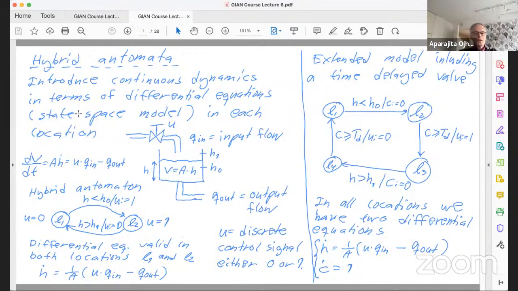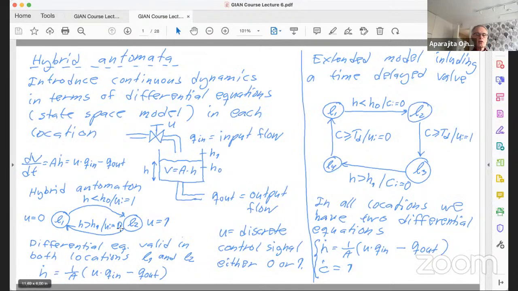So what we do is that we introduce the continuous time dynamics in terms of differential equations. And the idea is then to do that in every, what we call location now. The automata have states. We have been used to that, but now we call the states locations. The circles here, we call them locations.